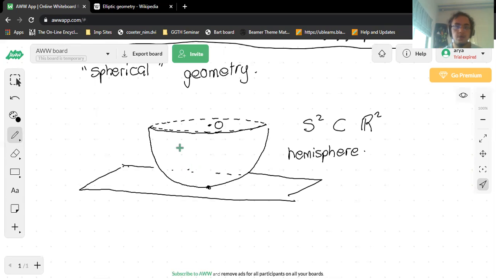Now note that for any point on the hemisphere, if I draw a ray from O, I'll draw rays in green, I can extend this ray, and this ray will meet the plane in a unique point. So this gives you a bijection between points on the hemisphere and points on the plane.